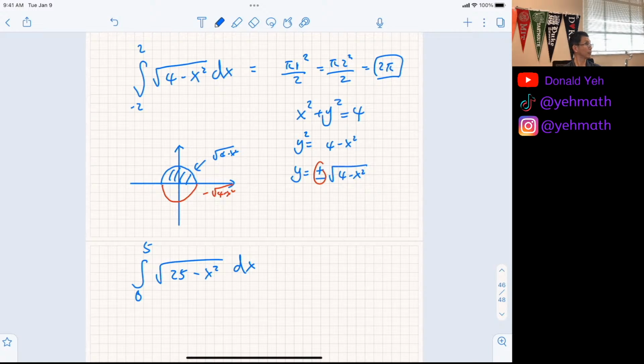Yes, 25 divided by 4. Does everybody agree?